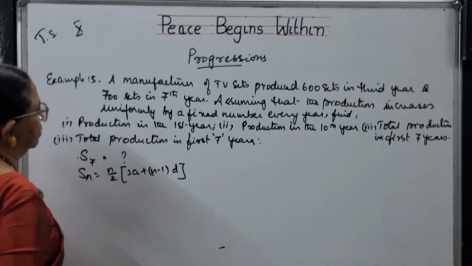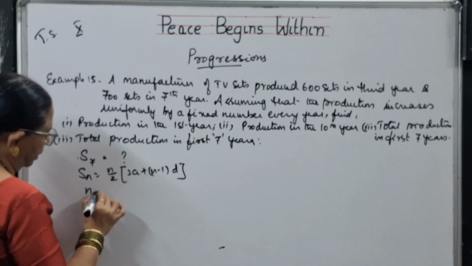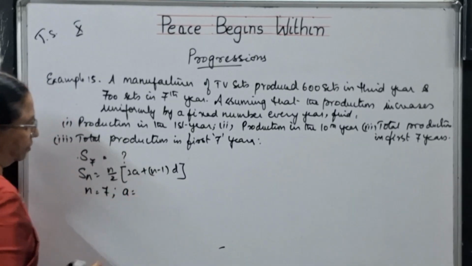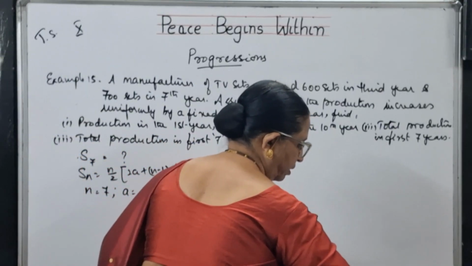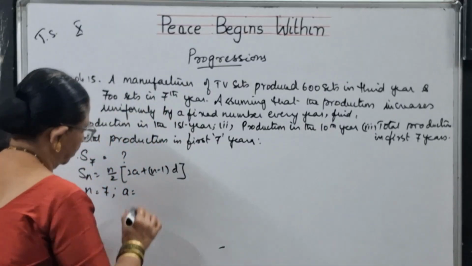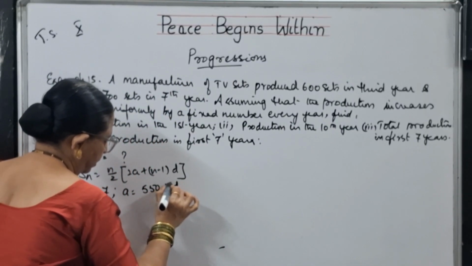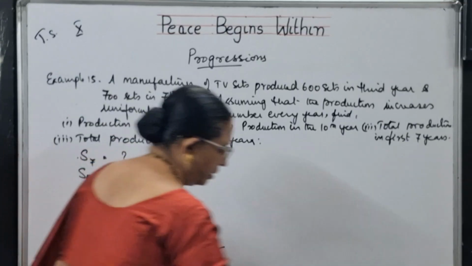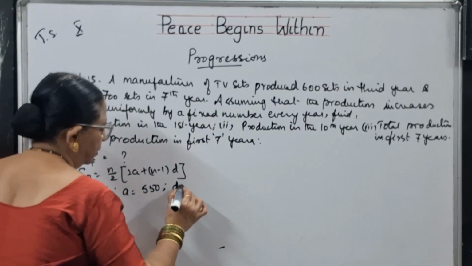So in this case, we have got here n is equal to 7. And what is a? The value of a, we have got a as 550 and common difference D. Common difference D is 25.